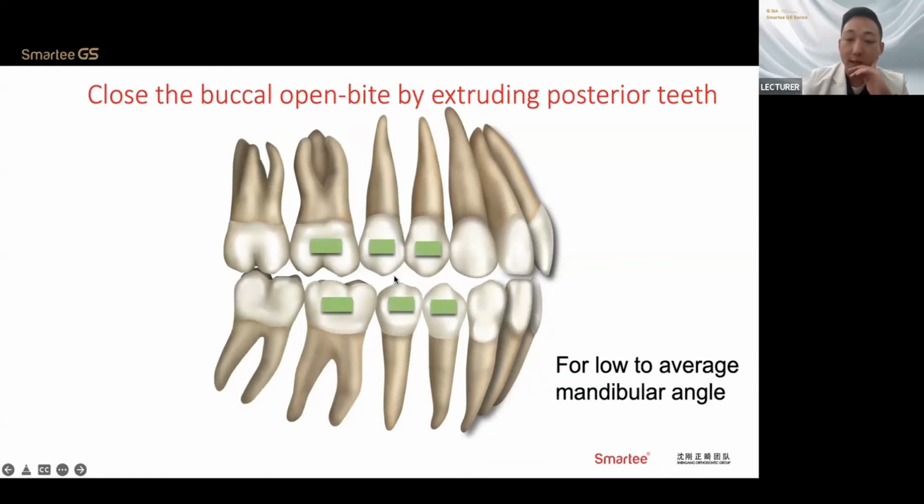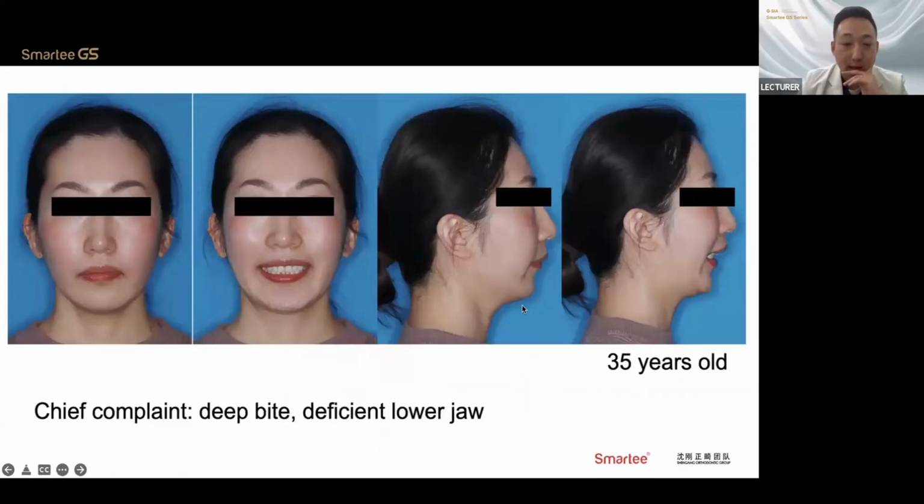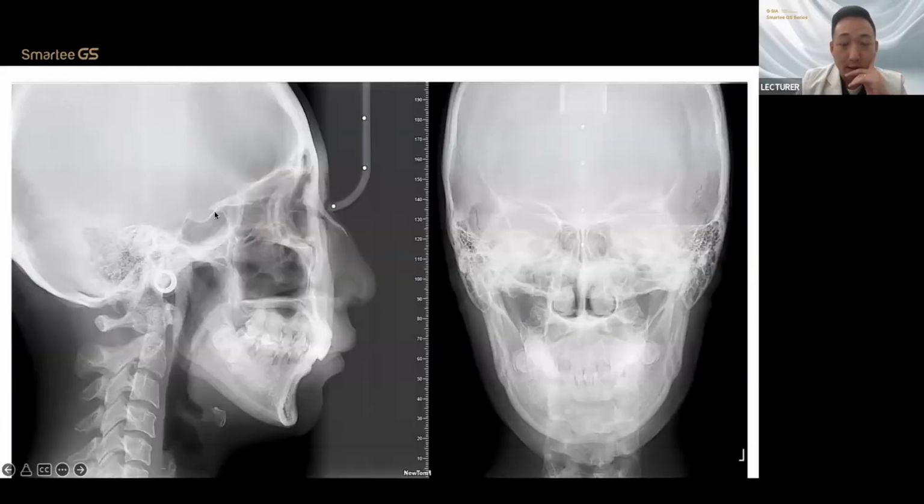Okay, this case is one of my patients who is 35 years old, and her chief complaint is the deep bite and deficient lower jaw problem. You can see that the retrusive mandible is very severe, very obvious here, and from the side you can see the elongation of both the upper and the lower incisors here.